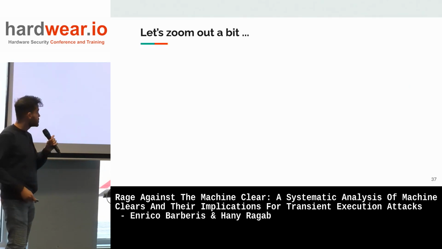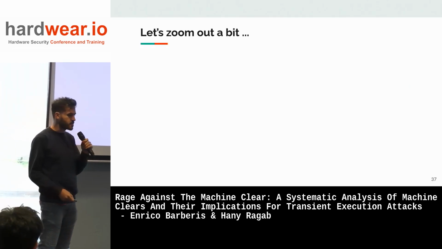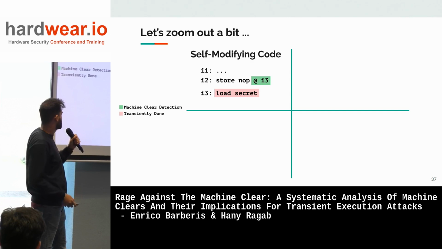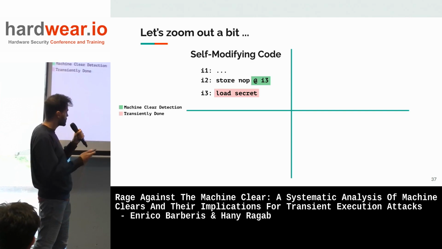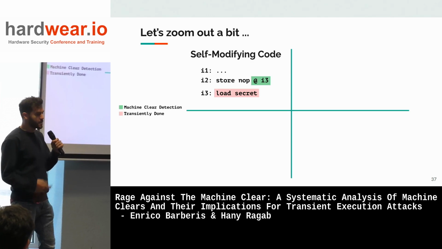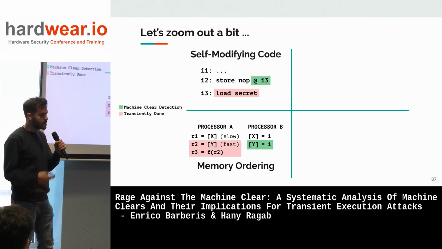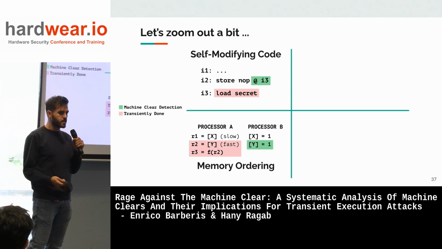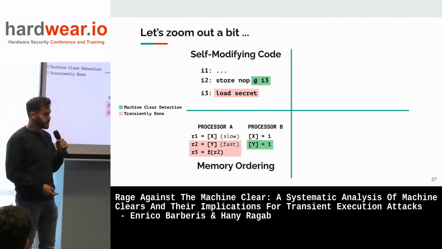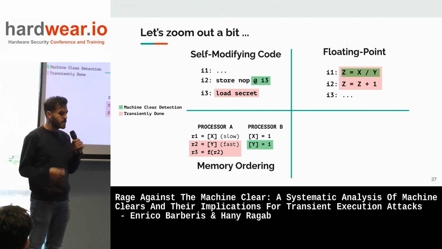Okay. So we've seen very many types of machine clear. Let's take a look at what we saw so far. Self-modifying code, modifying instructions, and therefore executing stale code. Memory ordering, violation of the memory model, and therefore leaking stale data.